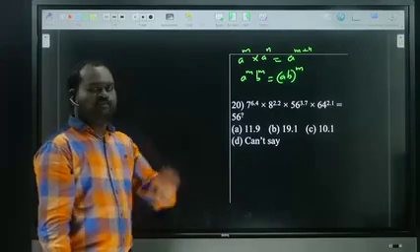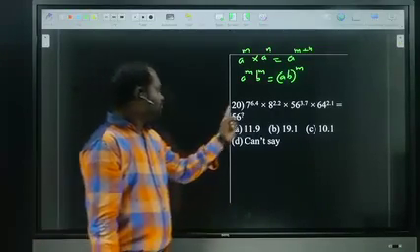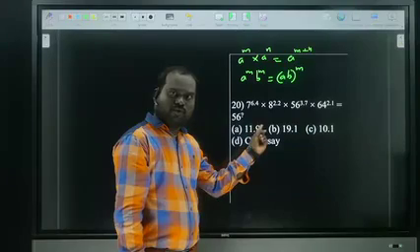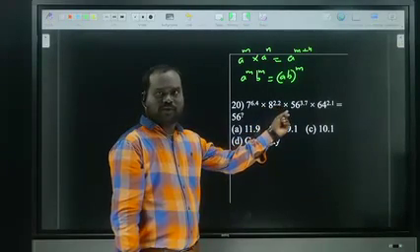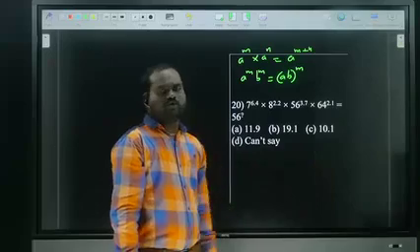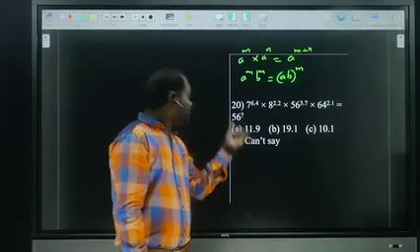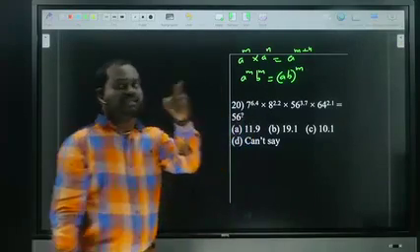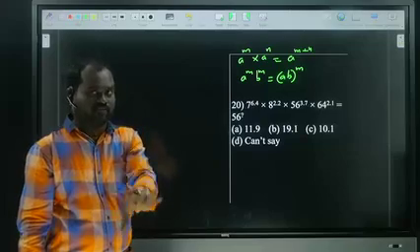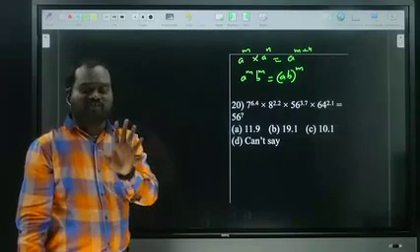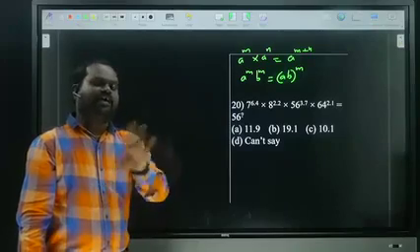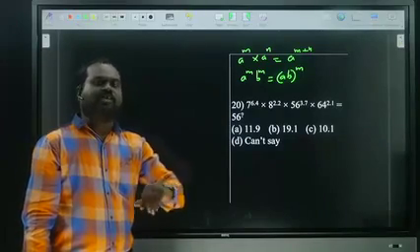Now observe the question. 7 power 6.4 into 8 power 2.2 into 56 power 3.7 into 64 power 2.1 is equal to 56 power question mark. The question mark is for 56. That's why we convert the entire data into 56 power.